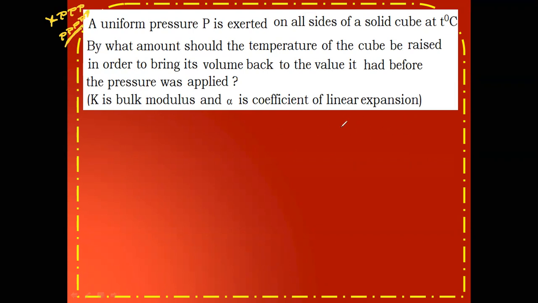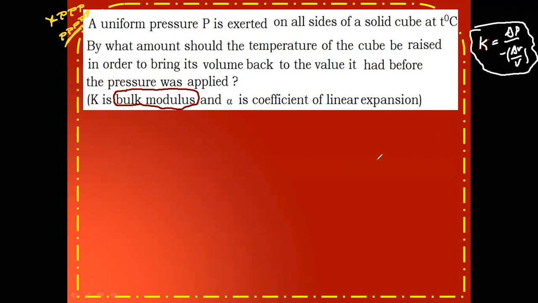Before going to this, I already said what bulk modulus is. Whenever the technical term bulk modulus appears, you can say K, the bulk modulus, is equal to delta P by minus of delta V by V. You should remember the formula at this point of time.